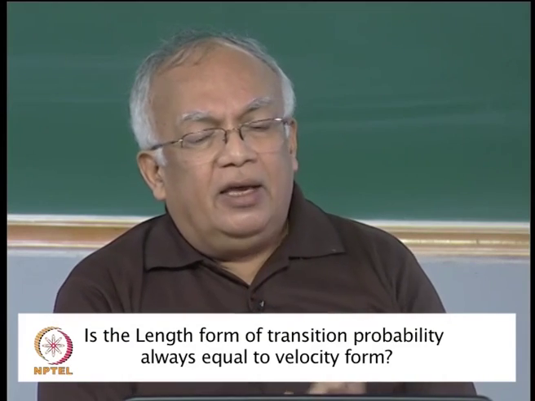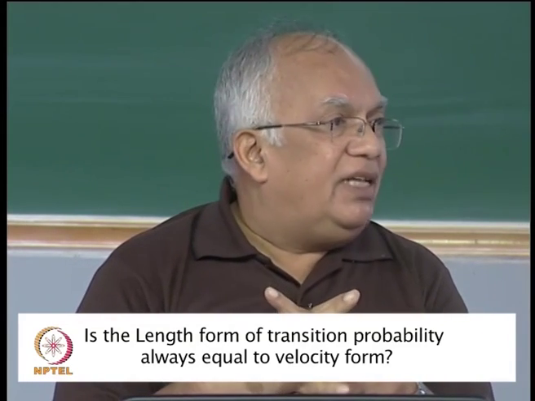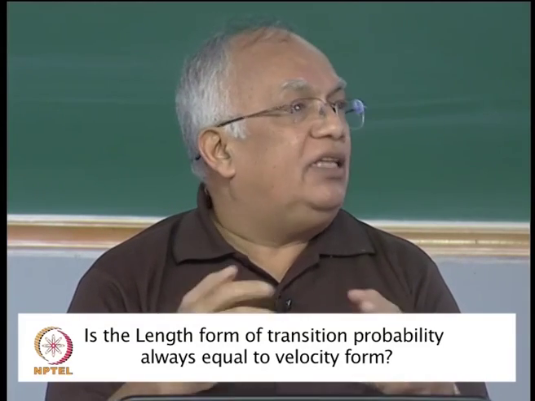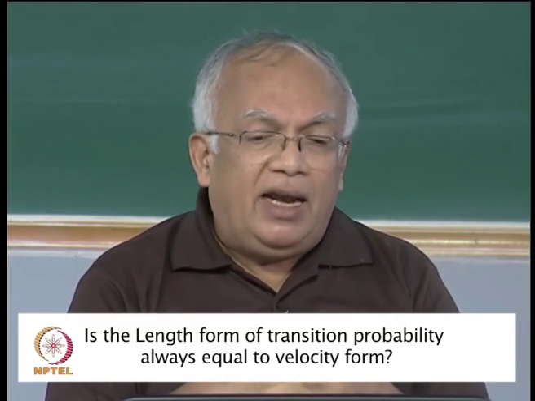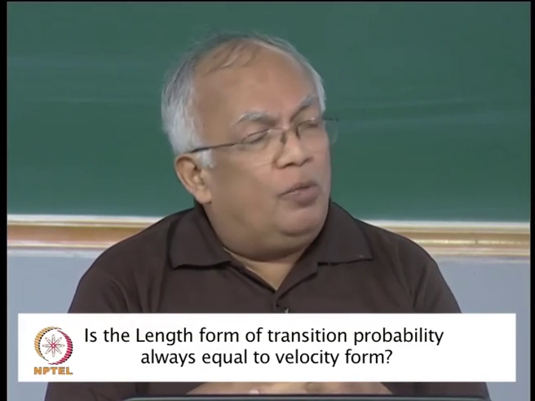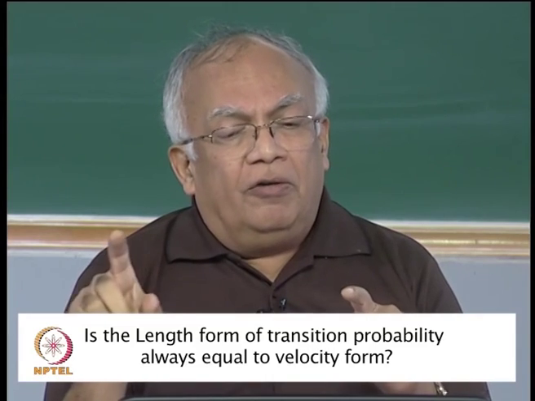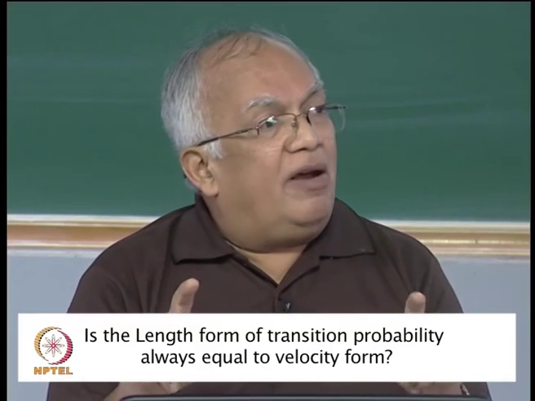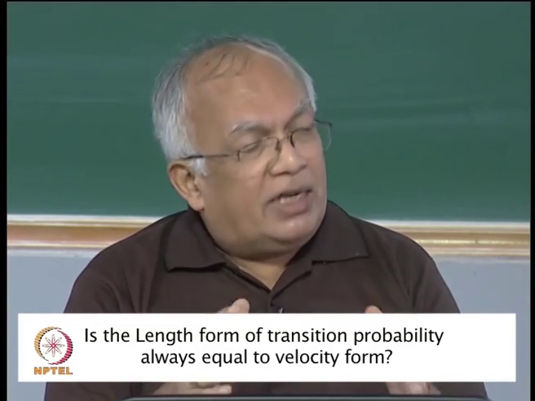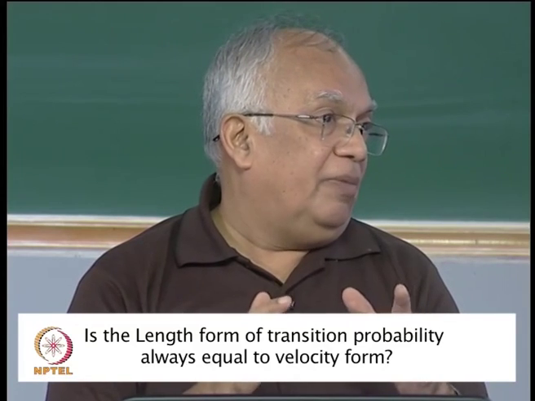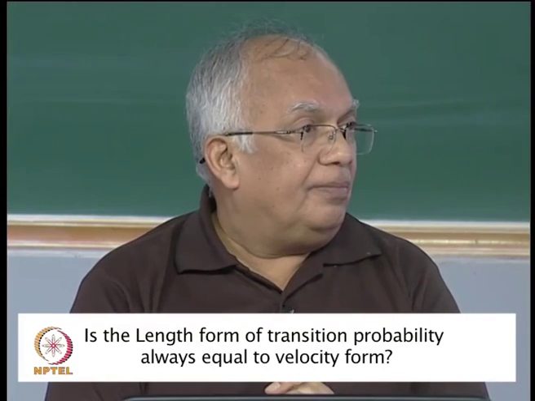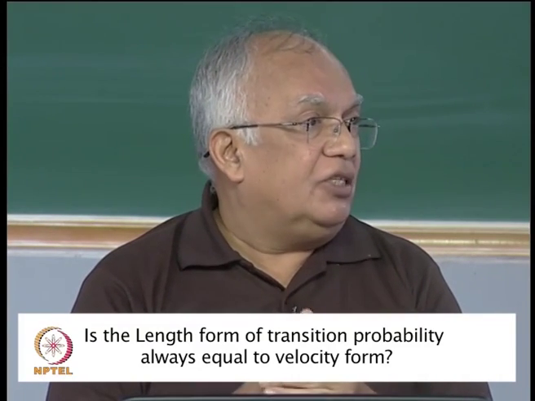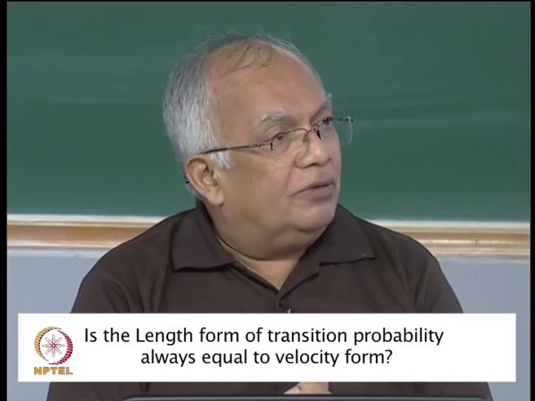So typically the equivalence holds good for local density potentials or other potentials to which you make a local density approximation, but there are some other situations also, like when you do many body theory. If you do a complete many body theory using the random phase approximation, for example, you do get an equivalence between the length form and the velocity form, but that is not because the potential is local; it is for a different reason.